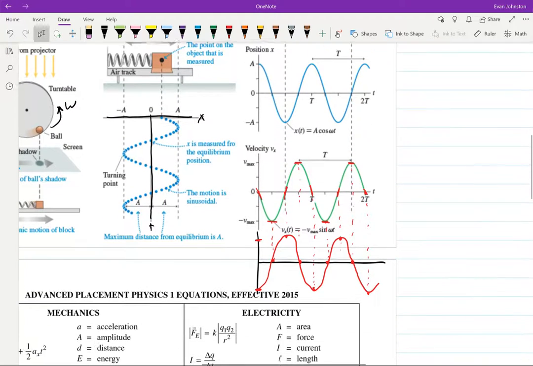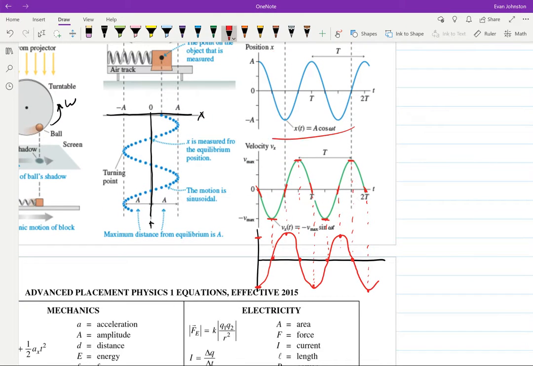The weird thing is it actually looks a lot like the first one, but it's just flipped. So we end up having this nice symmetry: if this is a positive cosine, our acceleration becomes a negative cosine.